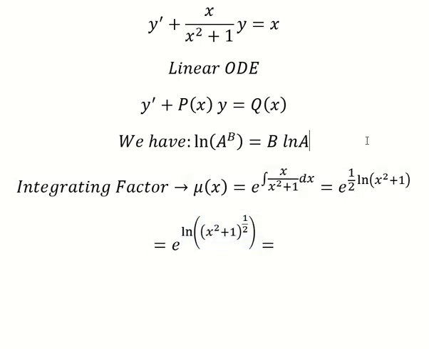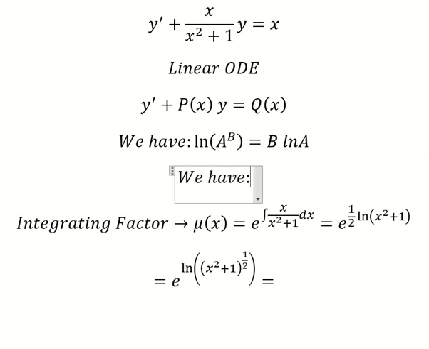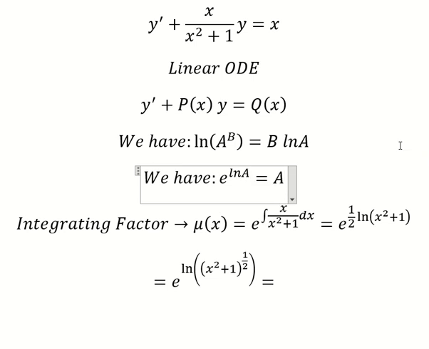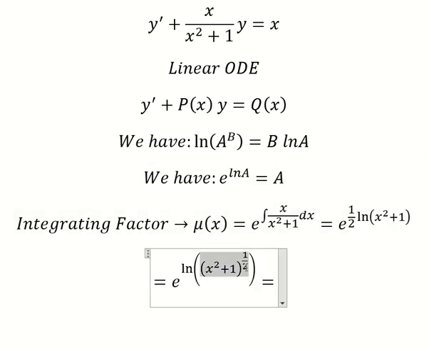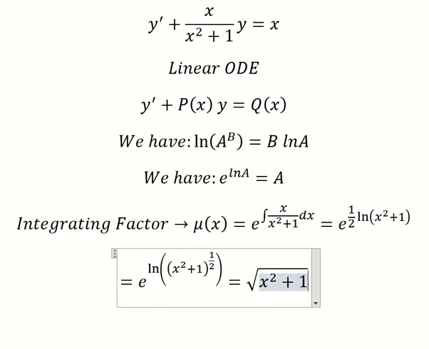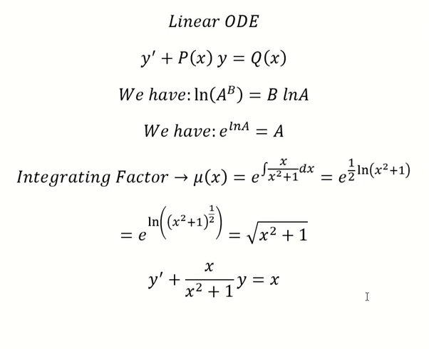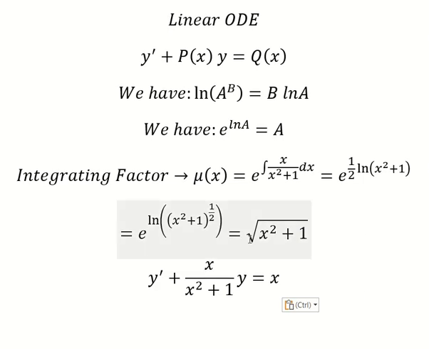So we have the second one. That means we have this one. So we need to multiply both sides by this one.